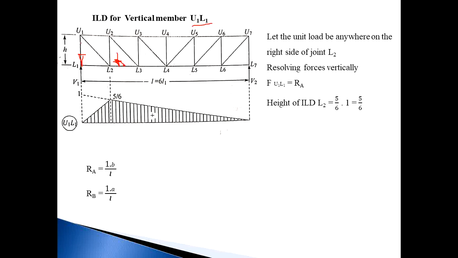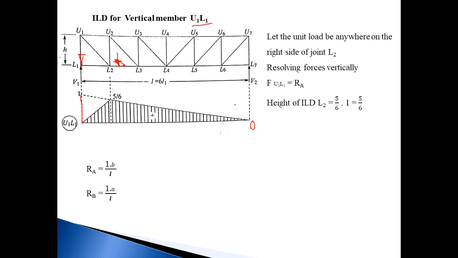So at that time this value, L1 U1, becomes 0. So for the vertical load calculation, at point A it will be 1 and it gradually decreases, and at point L7 it becomes 0. So first you can draw this one coordinate and gradually 0.